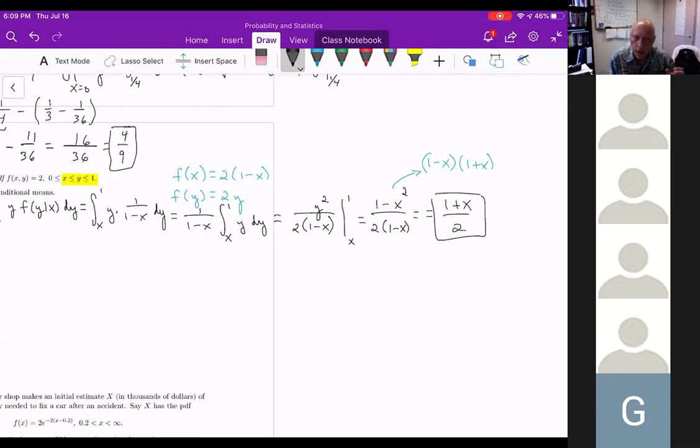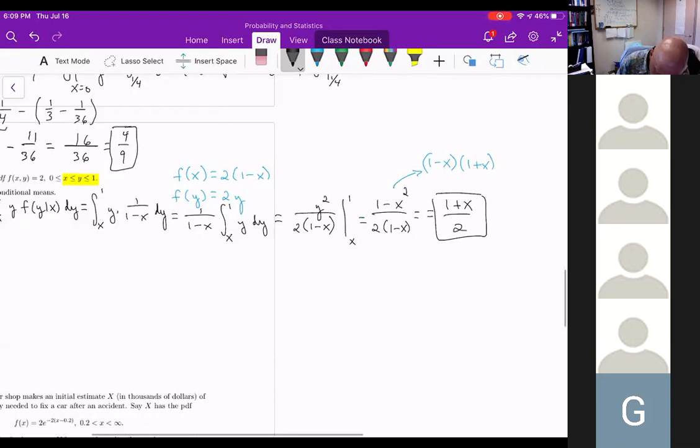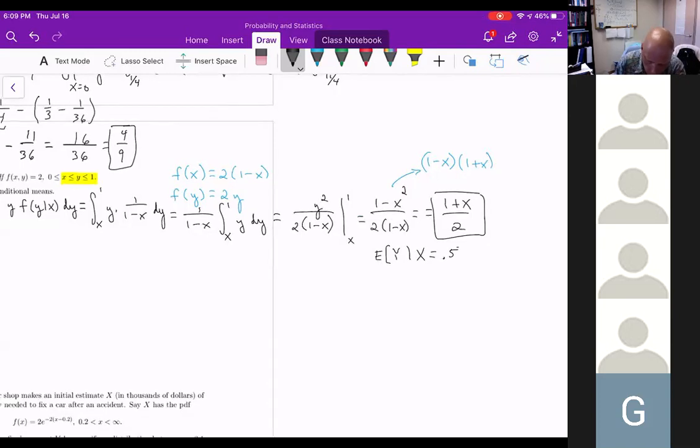Now remember, x is a conditioned value. So what's neat is that if I were then to ask what is the expected value of y given that x is, let's do 0.5, what do you think you do to get that answer?